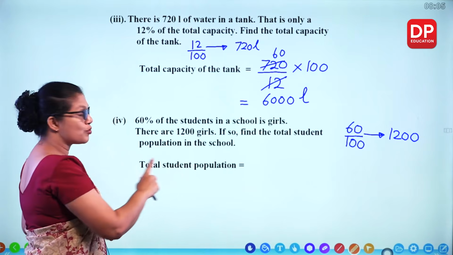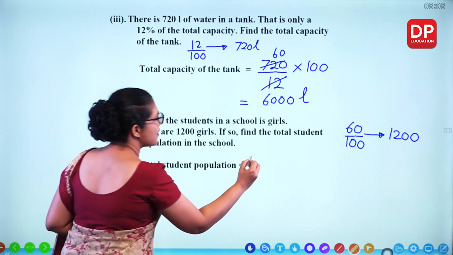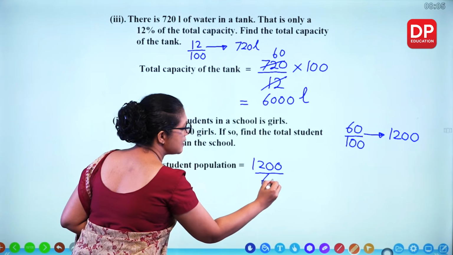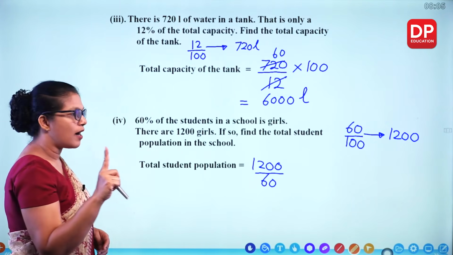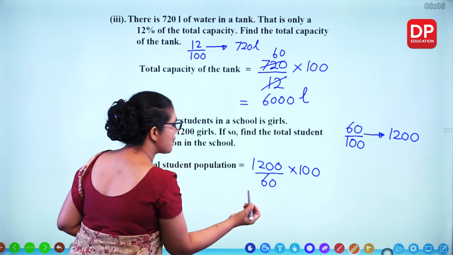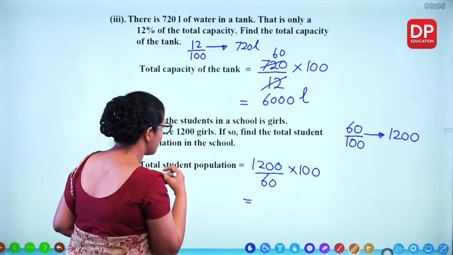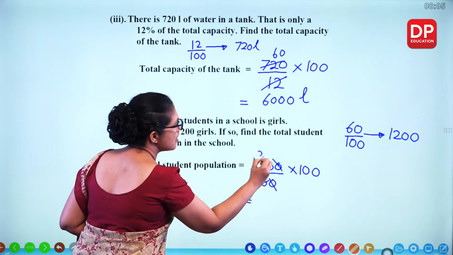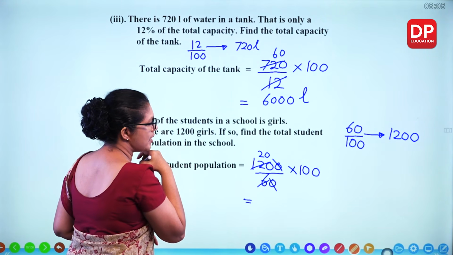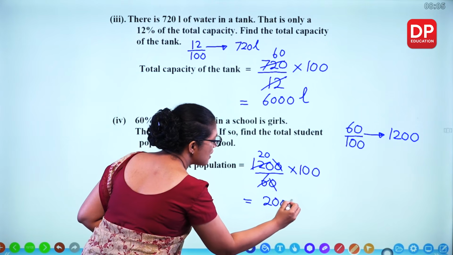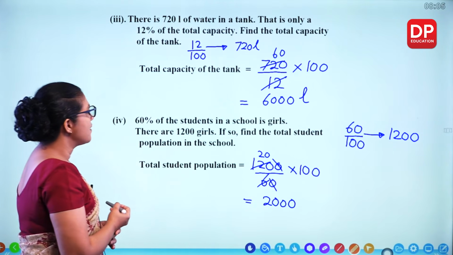So the total student population is 1,200 divided by 60. That's just for one part. And multiply by 100, you get the total population. So 6 times 20, 120. So 20 times 100, 2,000 students are there.